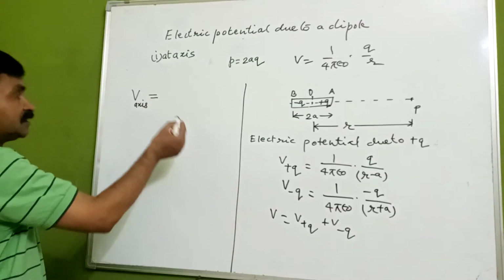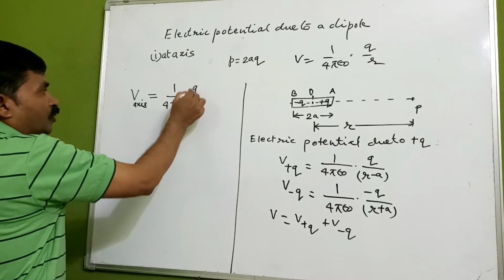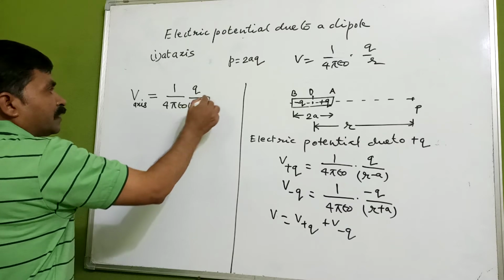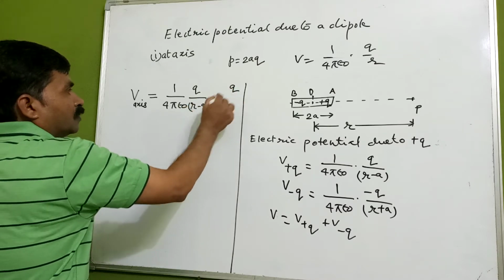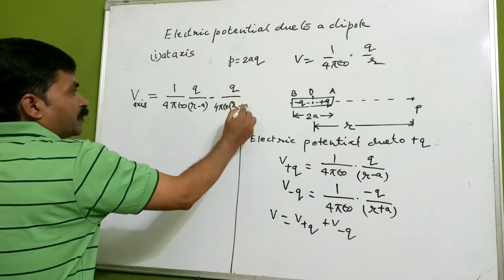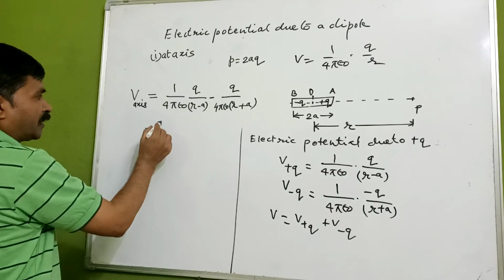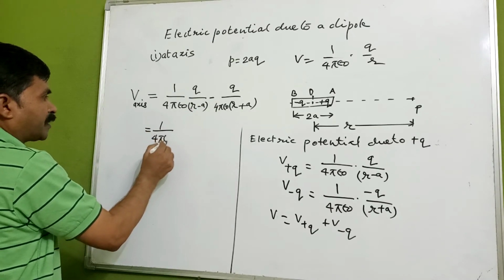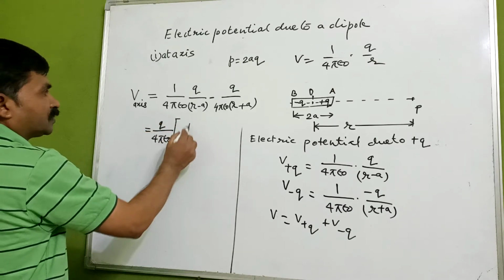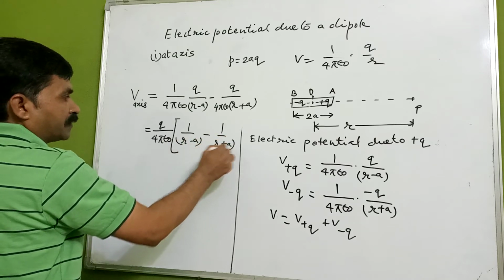Here we are getting 1 upon 4 pi epsilon naught into q upon r minus a, and q upon 4 pi epsilon naught into r plus a, with the negative sign for the second. So we can take out q upon 4 pi epsilon naught: 1 upon r minus a minus 1 upon r plus a.